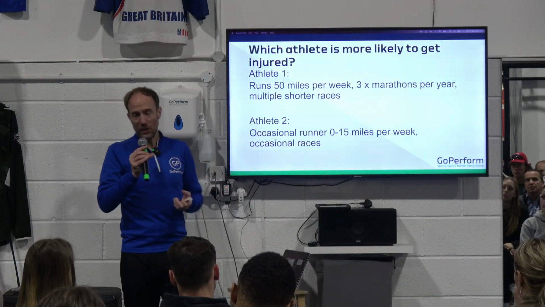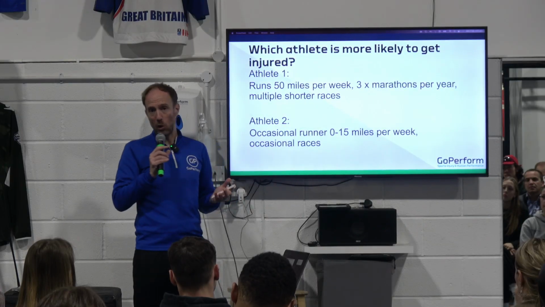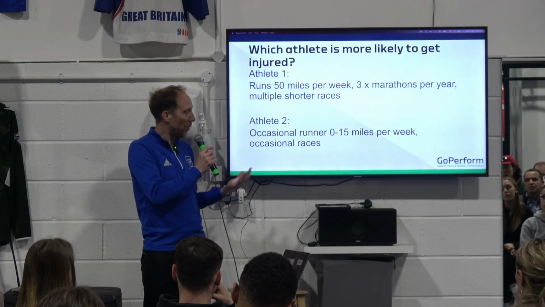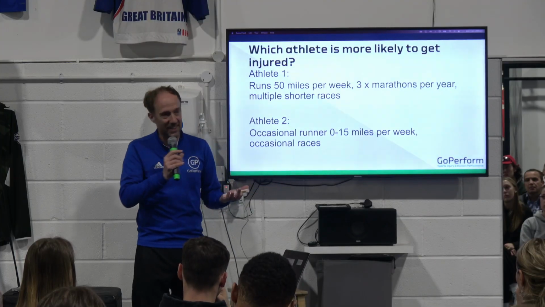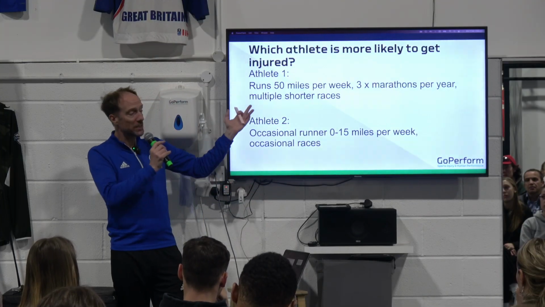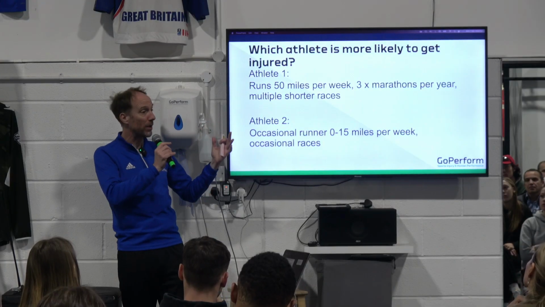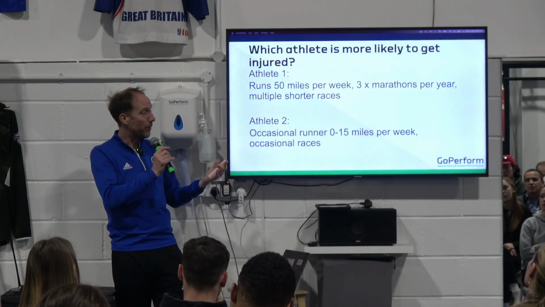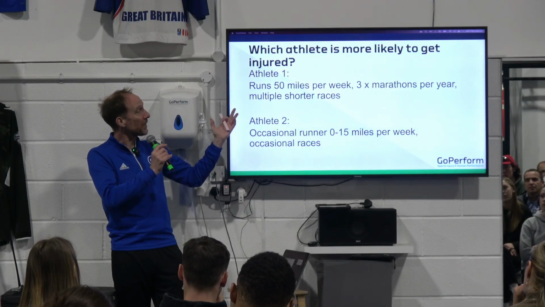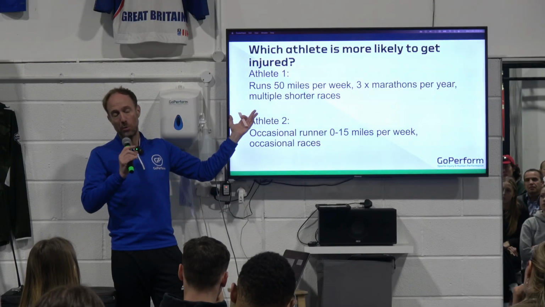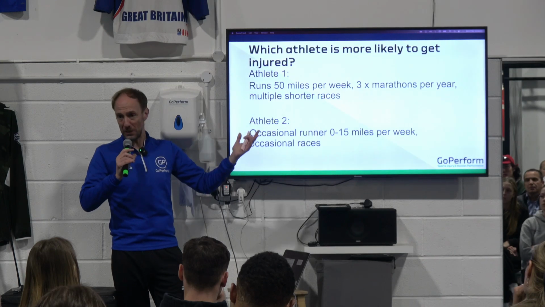So if we come back to that question that we asked at the beginning, which athlete is more likely to be injured? Well, the obvious answer is it depends. But we can say this about athlete one. Probably counterintuitive to some people who are naive to this, they would think that athlete one is more prone to injury because they're exposing themselves to high mileage.